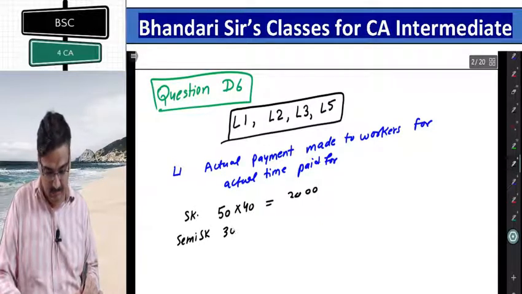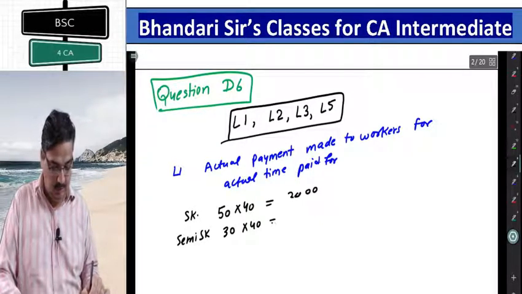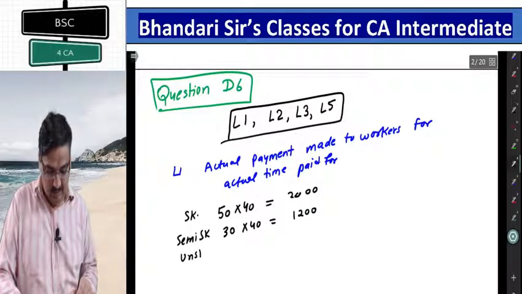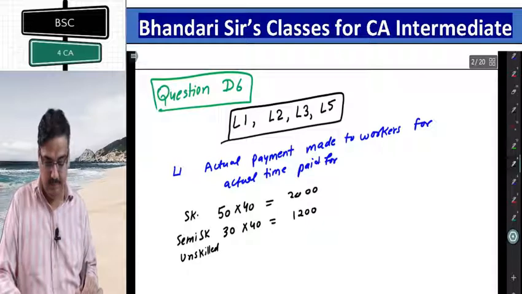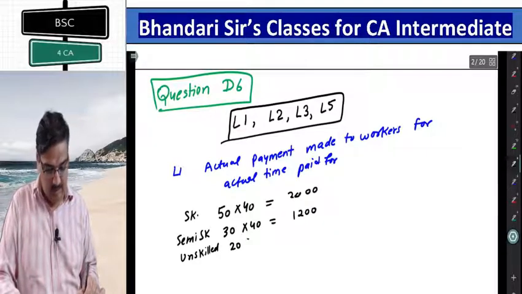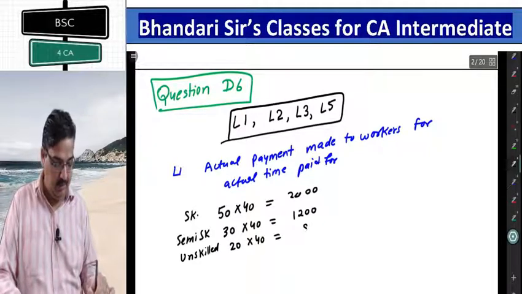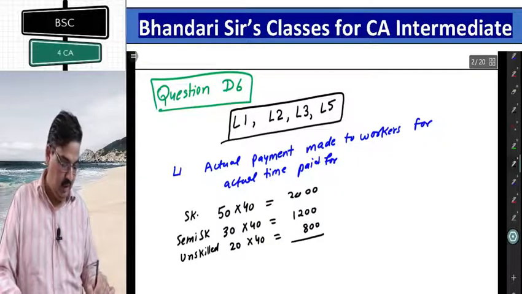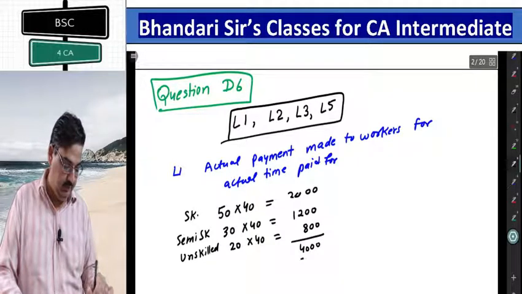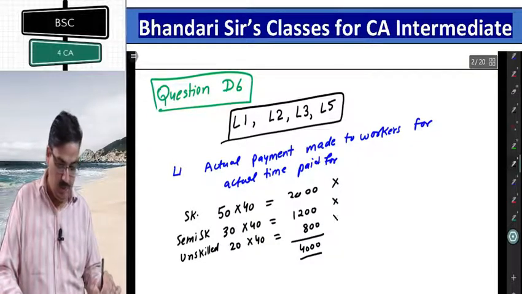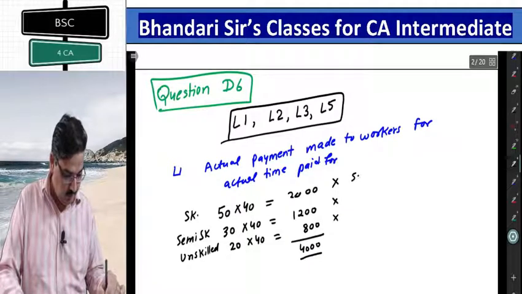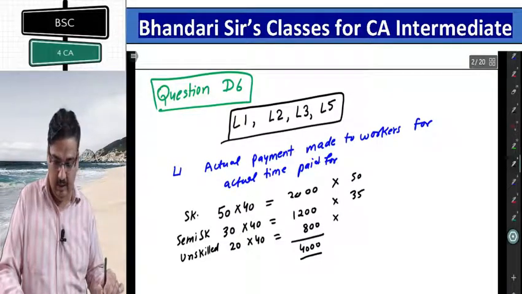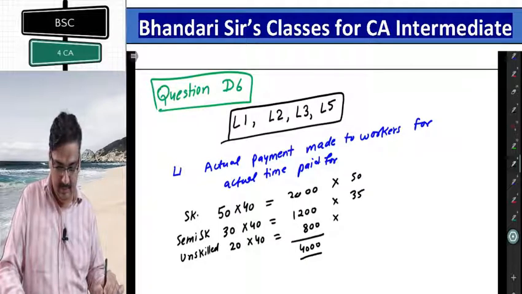Semi-skilled, 30 into 40, 1200. Unskilled, 20 workers, 40 per worker makes 800, and the total is 4000 hours, multiplied by actual rates 50, 35 and 10.